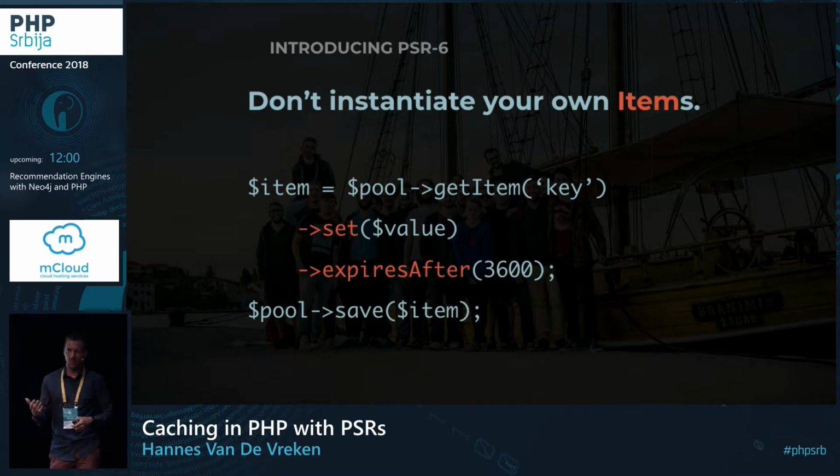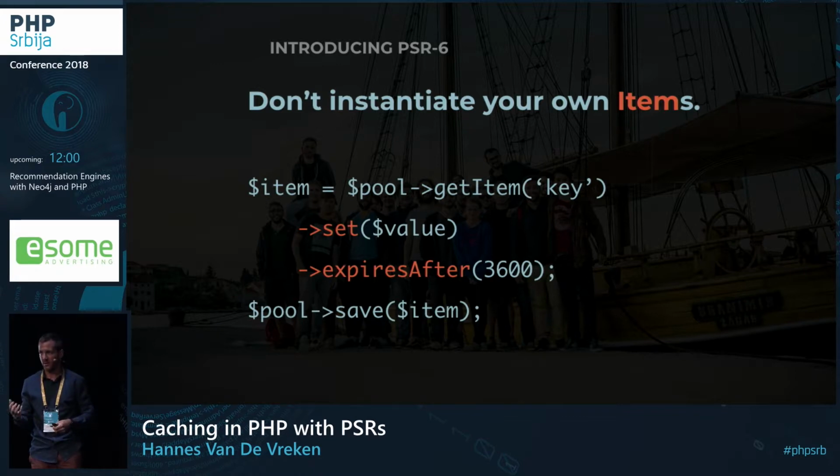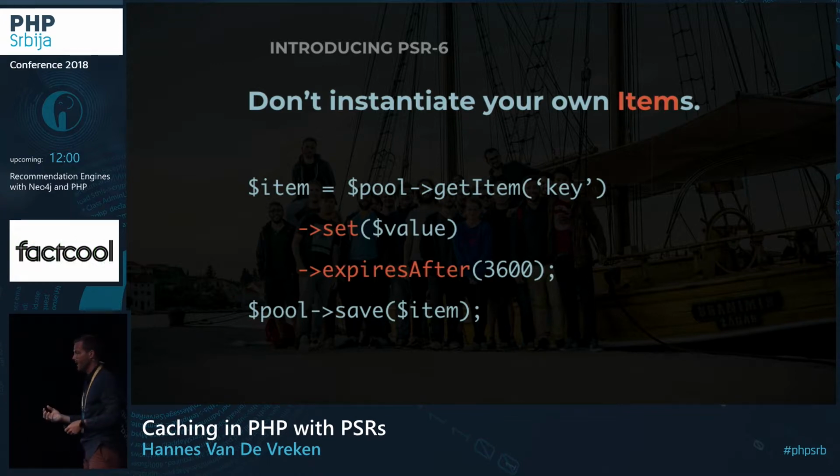The rule, if you want to use this, is you never create your own item objects. You ask the cache item pool to get a new item. Whether that's stored in the backend or not, it doesn't matter. It will return you an item, and then you can set a value, and you can set the TTL, and you can ask the pool to save it.